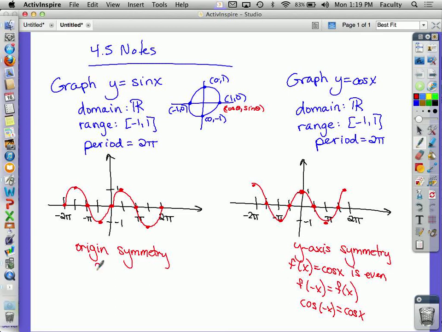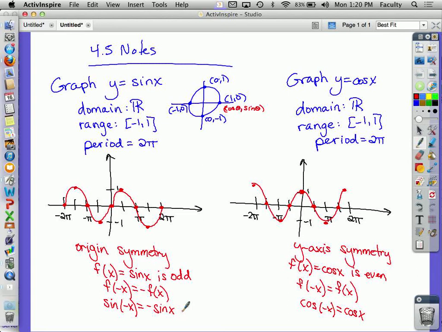Well, what that means, if you have origin symmetry, is f of x equals sine x is an odd function. So f of negative x equals negative f of x. This is going to help us in the next chapter. So if I know the sine of negative x, that's actually negative sine x.